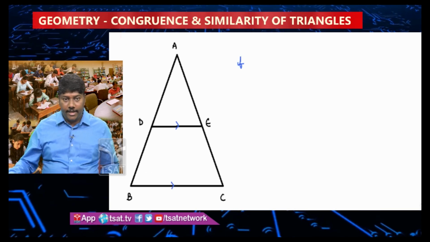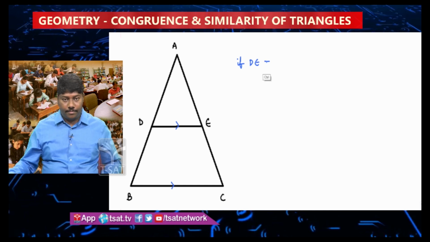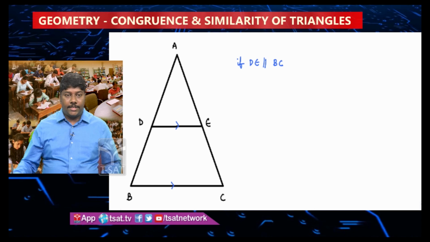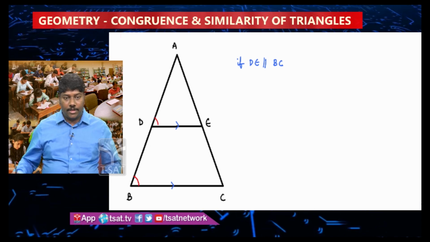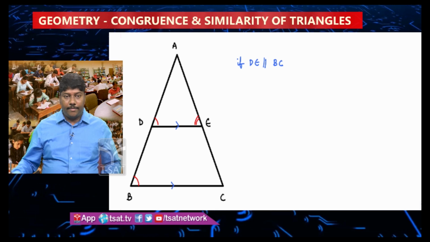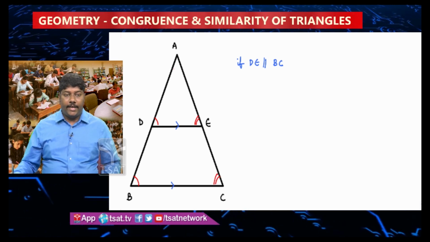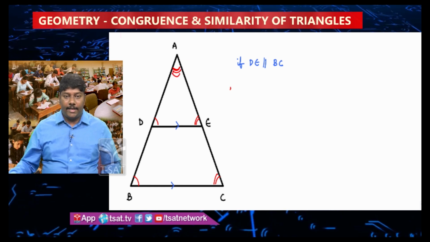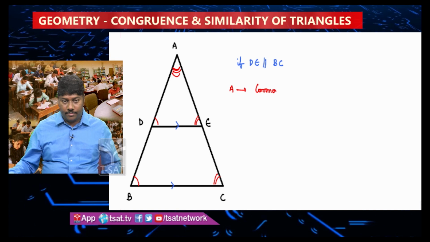Remember, the moment DE is parallel to BC, yesterday we have seen about angles. These are corresponding angles. Angle B is equal to angle D. In the same manner, angle C is equal to angle E. And angle A is common to both triangles.